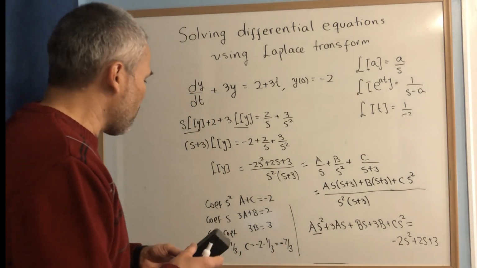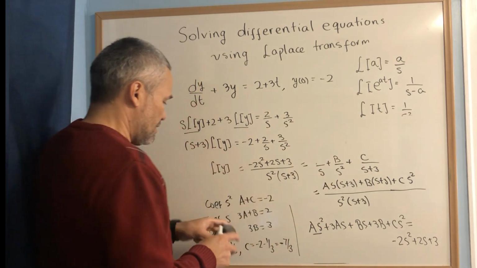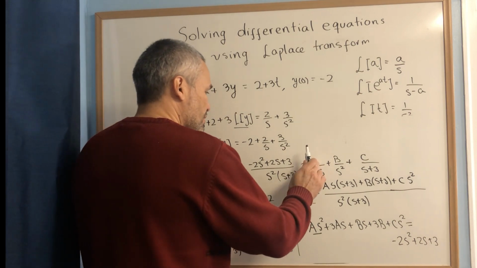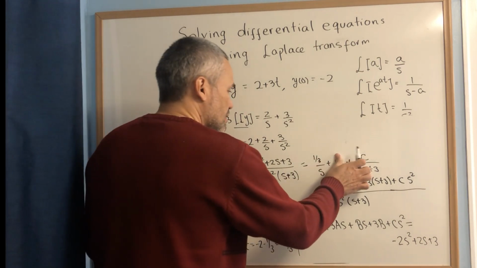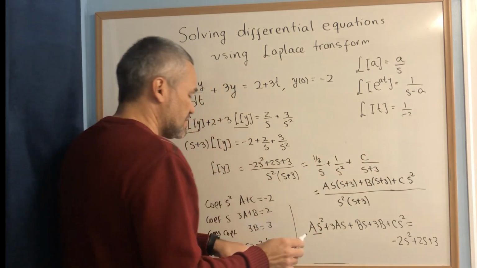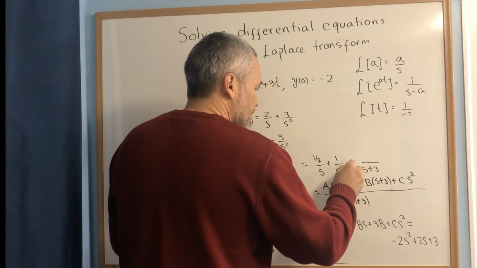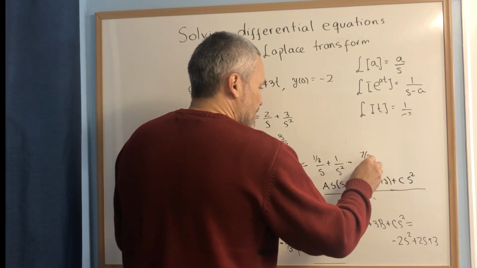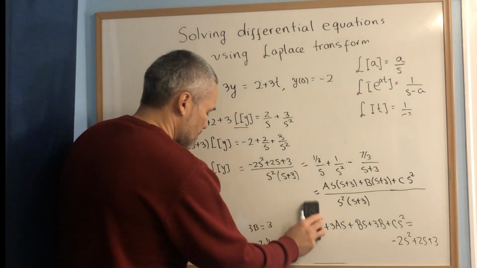Okay, then the whole point is that this can be written with a equal to 1/3, b equal to 1, and c equal to negative 7/3. And we can forget about all of this.